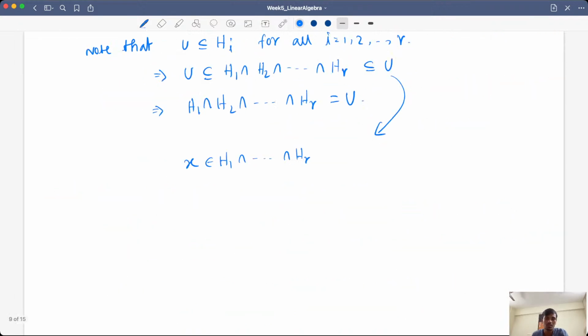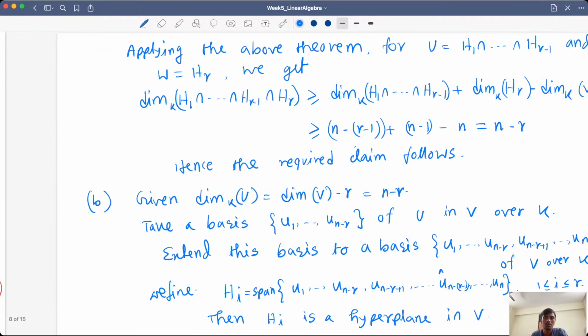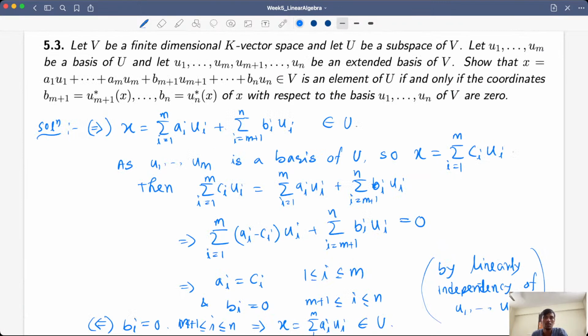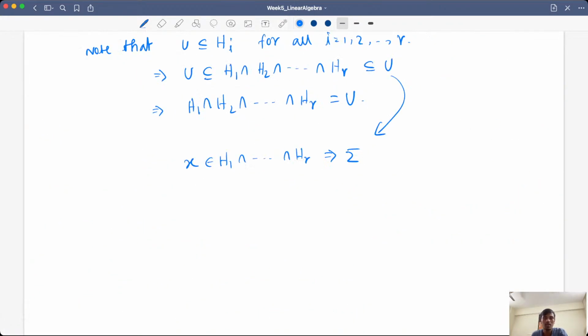So using the previous theorem that we proved here, once you say that this belongs to Hr, I can write this as the sum of ai ui, i equal to 1 to n minus r, plus the sum of bi ui, i equal to n minus r plus 1 to n.